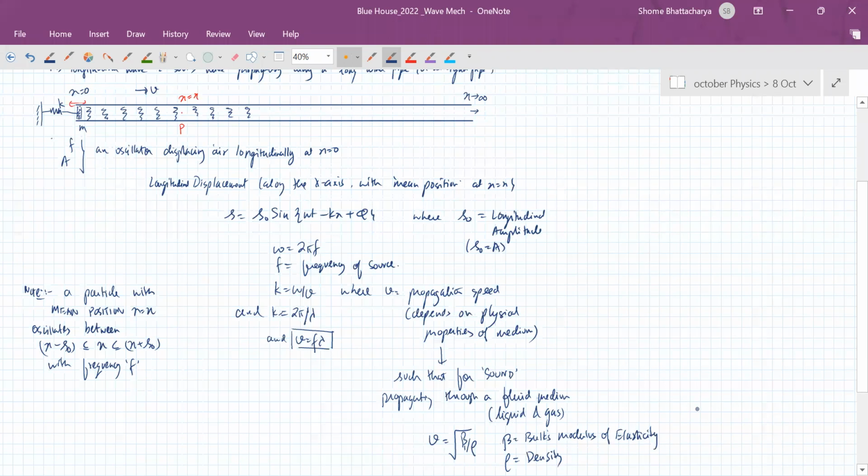So for an ideal fluid, Bulk's modulus is a fixed quantity at a given temperature, and density is also fixed because it is incompressible.